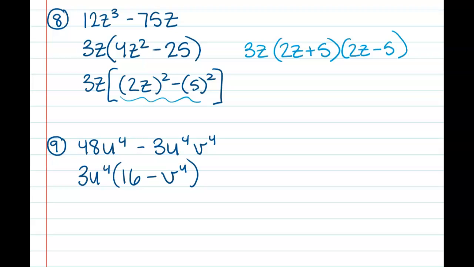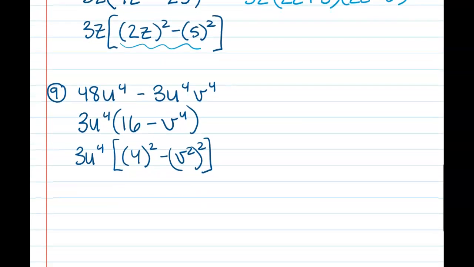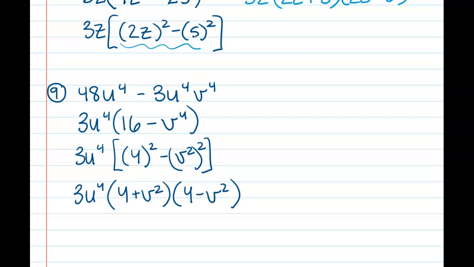And this I can write as difference of squares. 3u to the 4th times 4 squared minus v squared squared. So then this is 3u to the fourth times 4 plus v squared times 4 minus v squared.